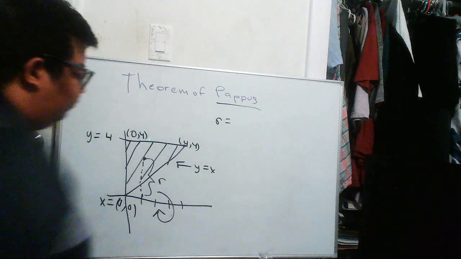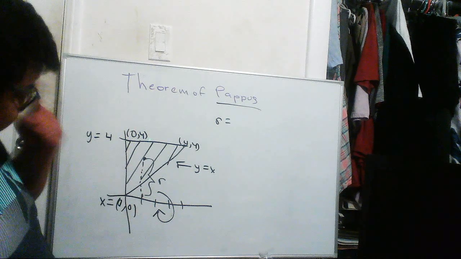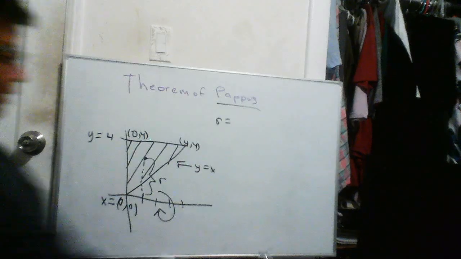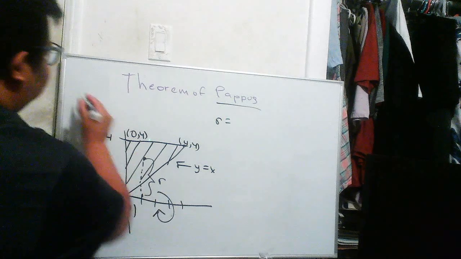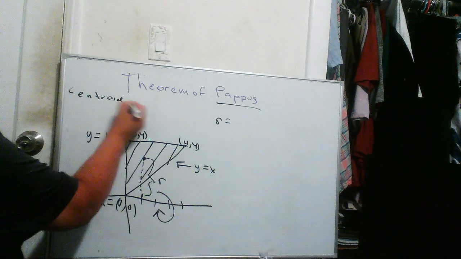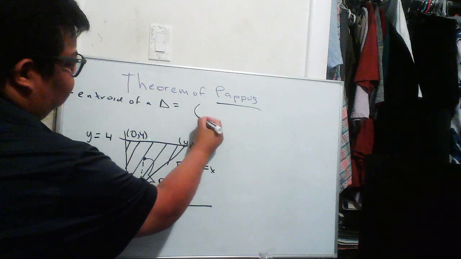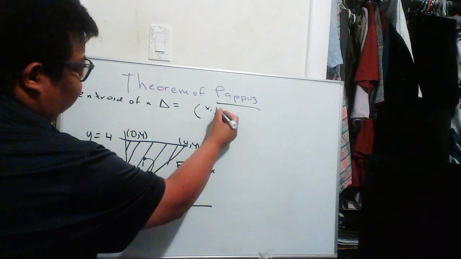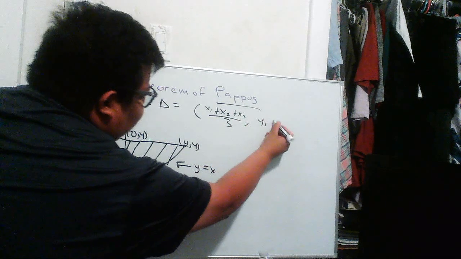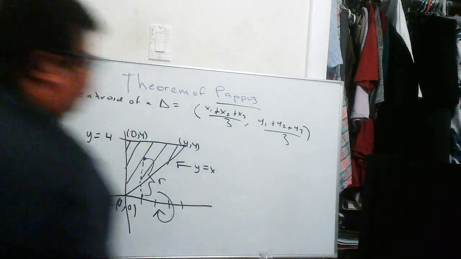So let's find R. First, to find R, I need to find the centroid of this region. This region is a triangle, so I know that the centroid of a triangle is equal to (x1 plus x2 plus x3) all over 3, and (y1 plus y2 plus y3) all over 3.